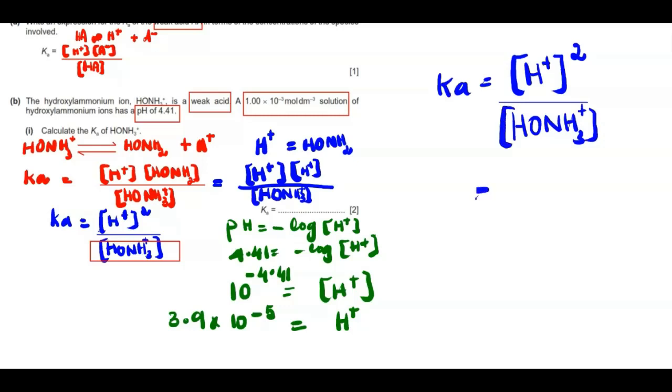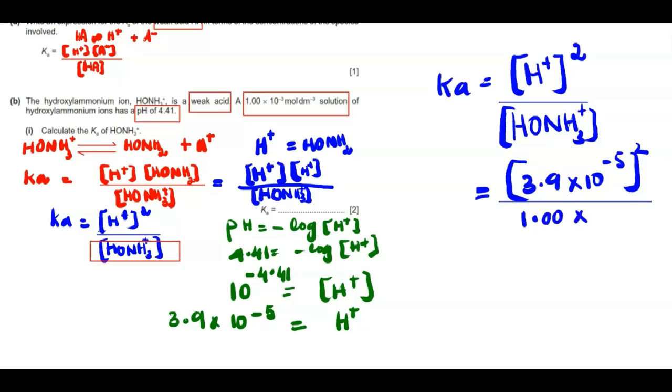So you can see, 3.9 into 10 raised to power minus 5 squared, divided by 1.0 into 10 raised to power minus 3, which is the concentration of hydroxyl ammonium ion, HONH3 plus.